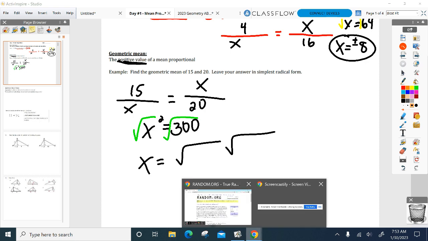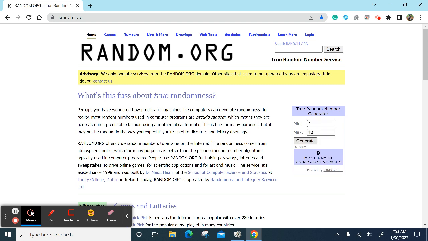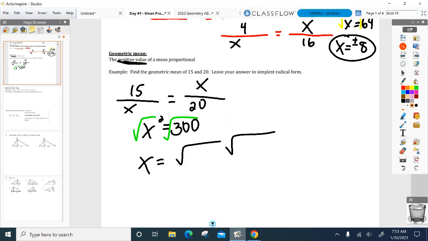Bigger than 25. Because if I put 12 here, there's still a perfect square that goes into 12. So that's how I would know 25 is not the biggest one.